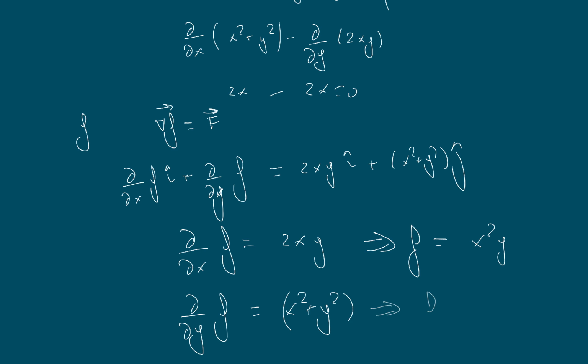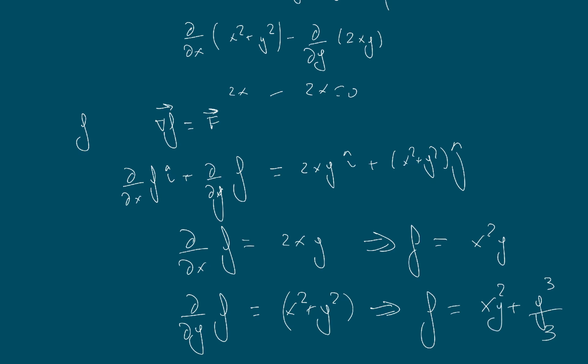And now we wonder who is f whose derivative with respect to y is x squared plus y squared. And the solution is, well, what is the function whose derivative is x squared plus y squared? Well, will x squared y plus y cubed divided by 3 work? Let's see. The derivative of f with respect to y here is 0, so it will not work.